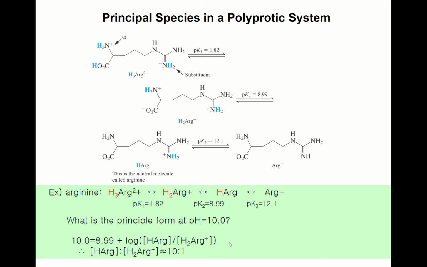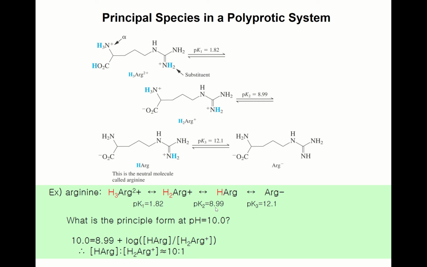So there is some amount of diprotonated arginine, but the monoprotonated arginine concentration is about 10 times higher than diprotonated arginine. Because 10 is closer to which one?